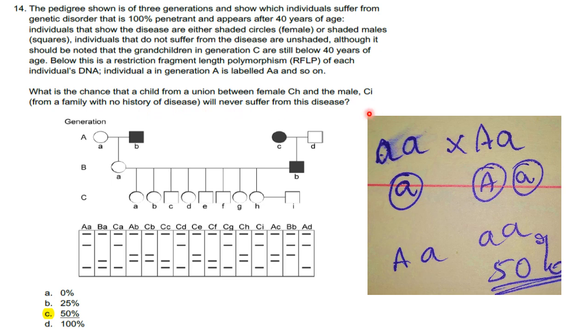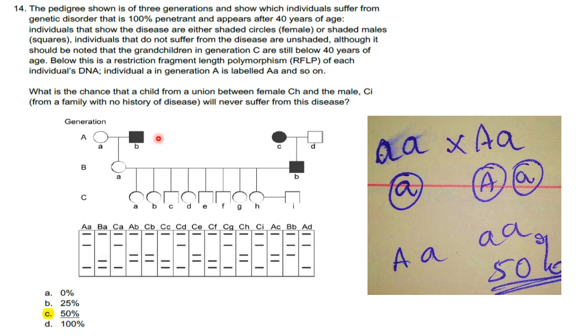Now if you see this, there are two individuals, that is male and female. The male is affected but the offspring is not affected. Here the female is affected and the male son is affected, but the father of the child is not affected. So it is the case of autosomal recessive condition.